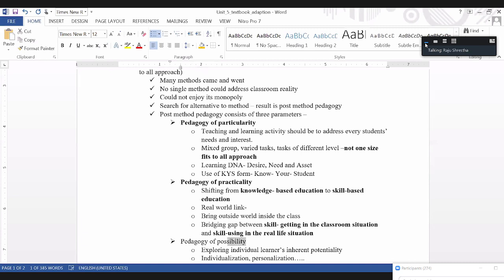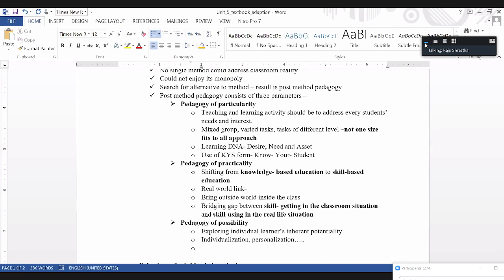So possibility should be there. Our present practice is still in the banking system of education. The banking system of education says students' minds are bank accounts. Students or learners' minds are bank accounts, and teachers deposit their knowledge in students' minds as account, and we expect interest.